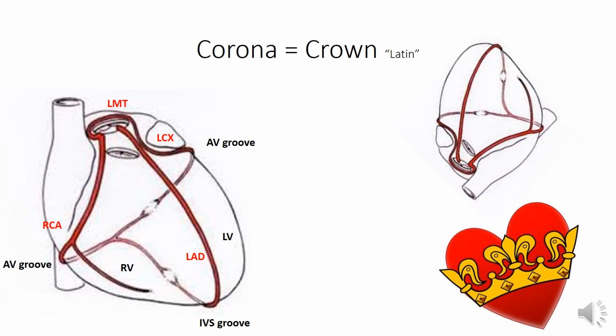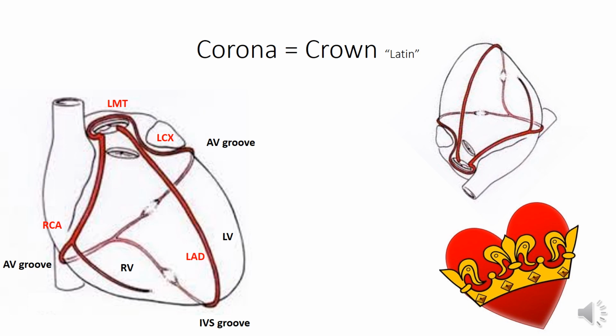On the other hand, the right coronary artery arises from the right coronary sinus, runs on the front surface of the heart, then turns along the right heart margin to the back of the heart in the AV groove, and gives off a descending branch running in the posterior interventricular groove, which is the posterior descending artery.